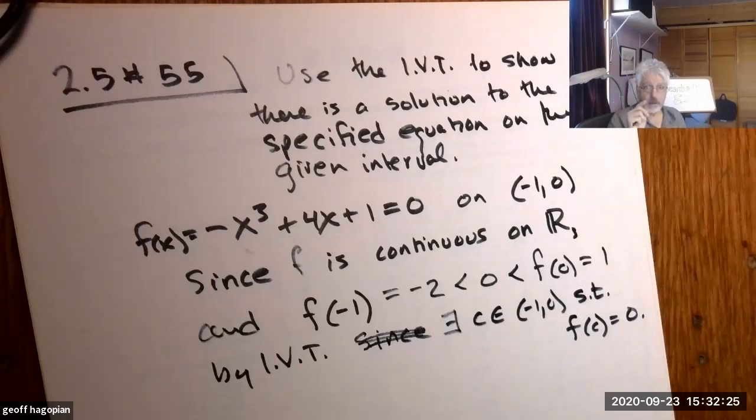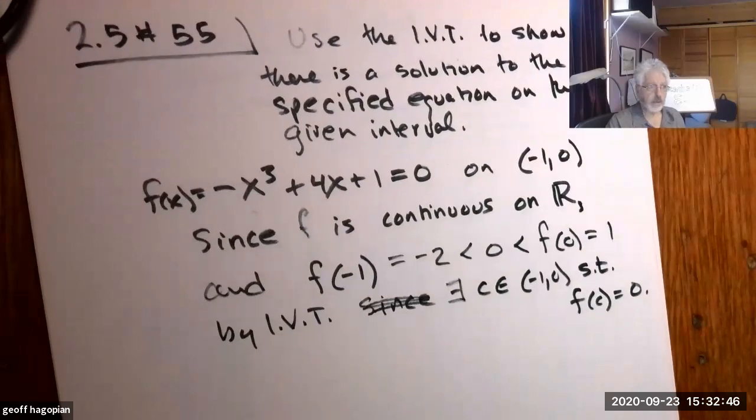The other is that you have a value between f of -1 and f of 0, so 0 is between f of -1 and f of 0. And so both parts of the premise to the theorem are met, and so the conclusion follows. How about another one of these?